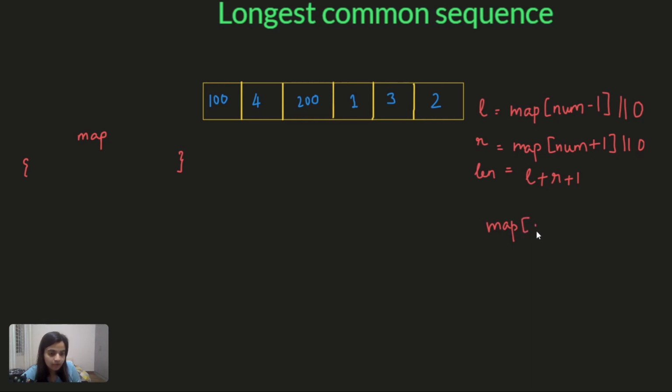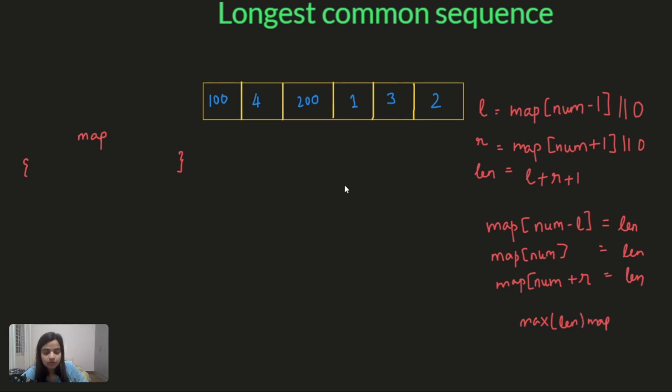The left extreme number will be num minus L, the map value of the current number, and the map value of the right extreme number, which is num plus R. All of these will be assigned the value that we got from len. And at the end we will return the max length from the map.